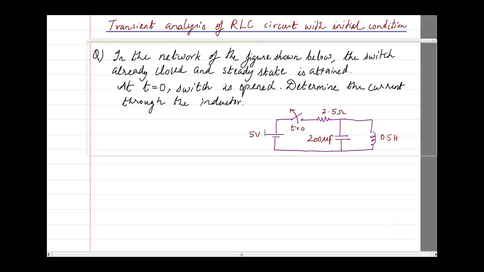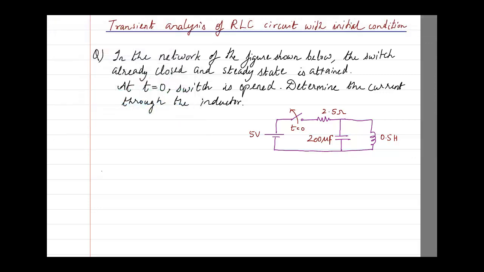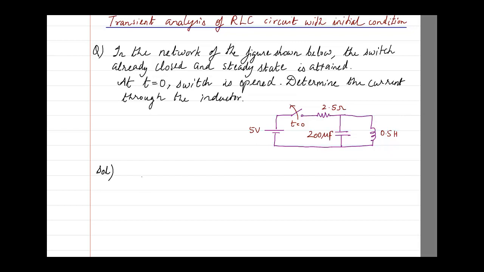So as we always do, we solve it by first writing what is going to be the circuit condition at t is equal to 0 minus. That means just before the switch is made, what is the circuit looking like?